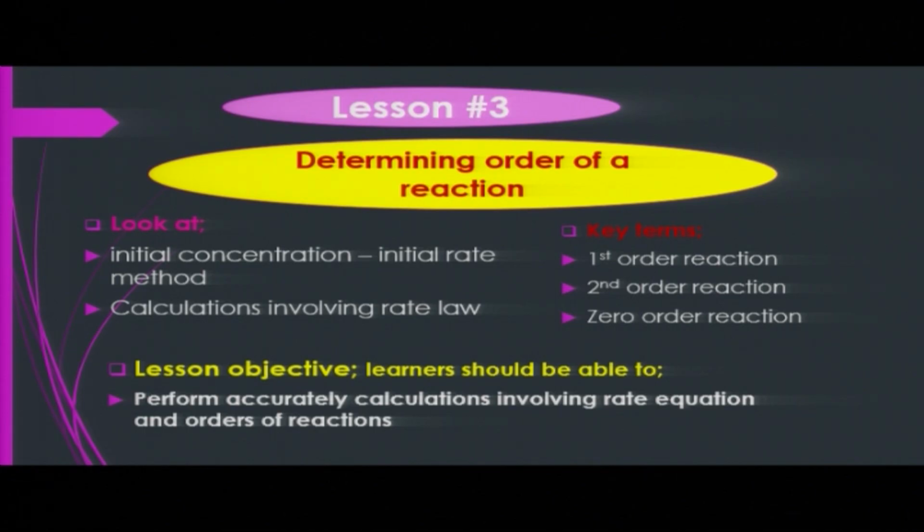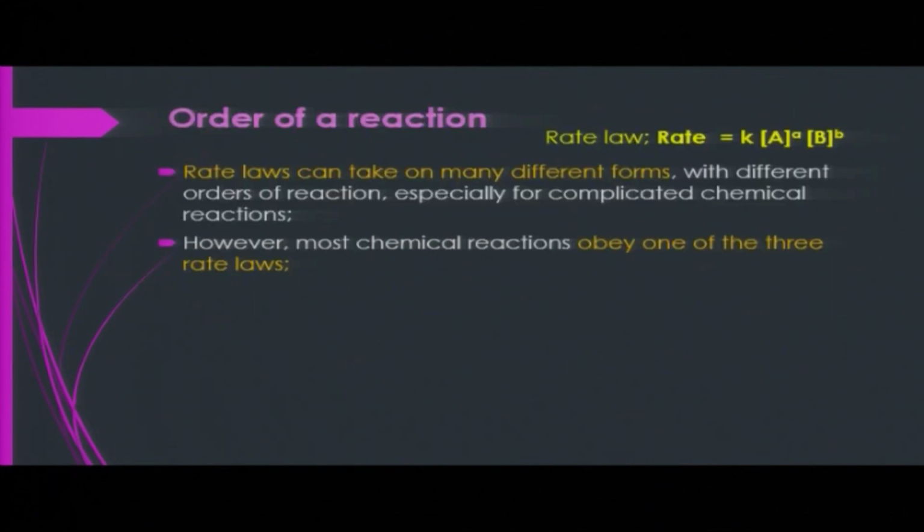So, first order, second order, zero order. What are they? There we are, order of a reaction. Normally, when you look at this rate law, there are many ways this rate law can be written. You can include reactant C, include reactant B, include whichever reactants you have. If you have 4 reactants, they will all be included. If you have 1, it will be included.